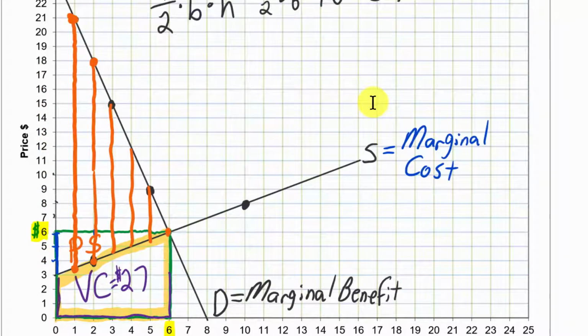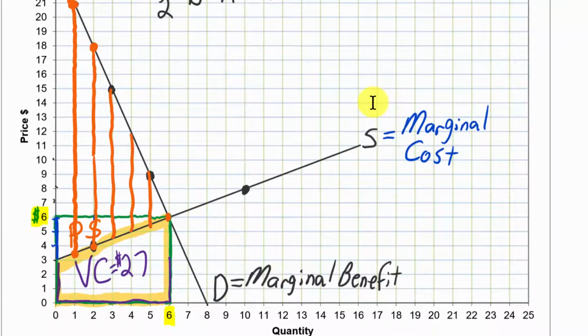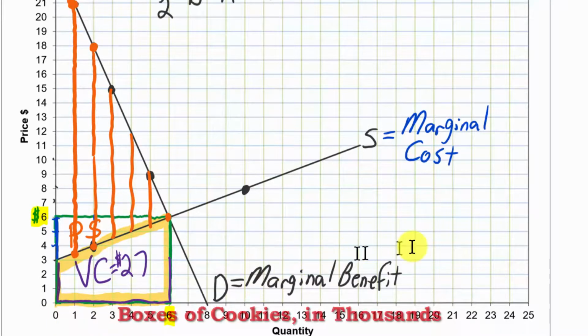And well, there's not really any surplus made for the sixth box of cookies, but here's the other interesting thing, that it's not just the first, second, third, fourth, fifth, and sixth box of cookies, because most of the time when we're looking at a market, these aren't individual boxes of cookies we're talking about. These might be thousands of boxes or millions of boxes of cookies.